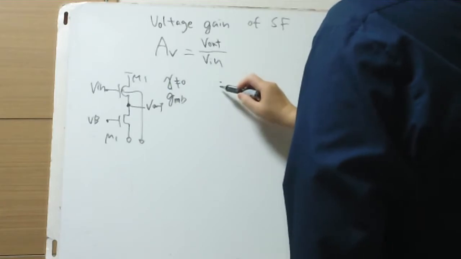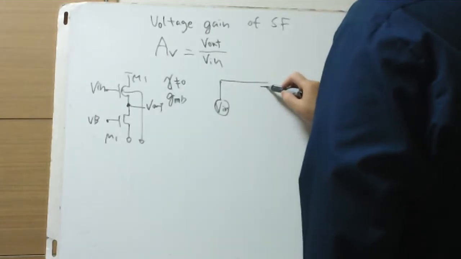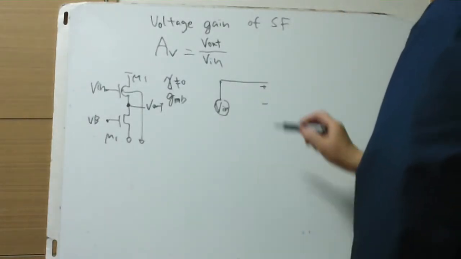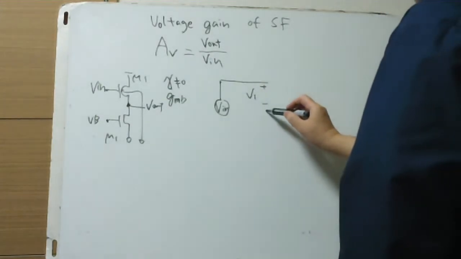To write the equivalent circuit, Vin is applied to this node, and this is the gate source voltage of M1, and this is V out.